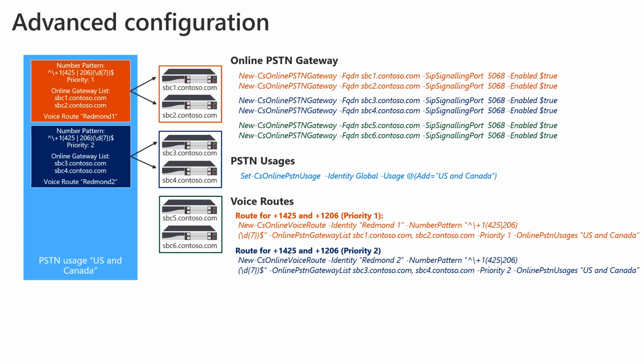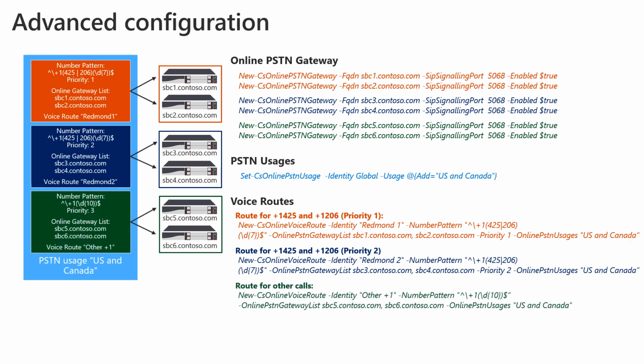Now we create another set of gateways, SBC5 and SBC6. And we create a pattern for all other calls. So a New-CsOnlineVoiceRoute, the identity is just all other +1 calls, the number pattern is +1 and then any 10 digits. We're adding the online PSTN gateways SBC5 and SBC6 and add it to the online PSTN usage US and Canada.